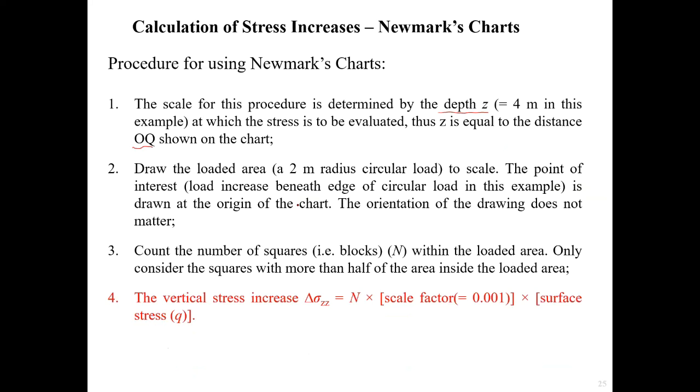We only count squares with more than half of the area inside the loaded area. Finally, the vertical stress increase sigma zz equals the number of effective blocks, times the scale factor, which is 0.001, times the surface stress Q, which is normally provided.